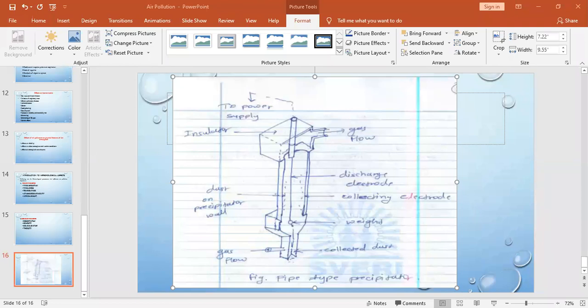Hello guys, are you drawing? I will try to search for the figure in the book also. Okay, Priyanka.